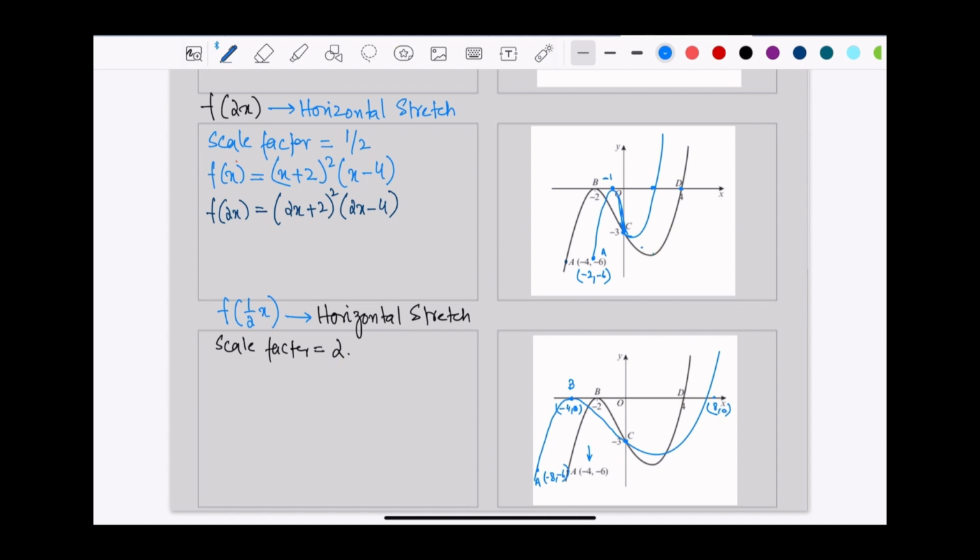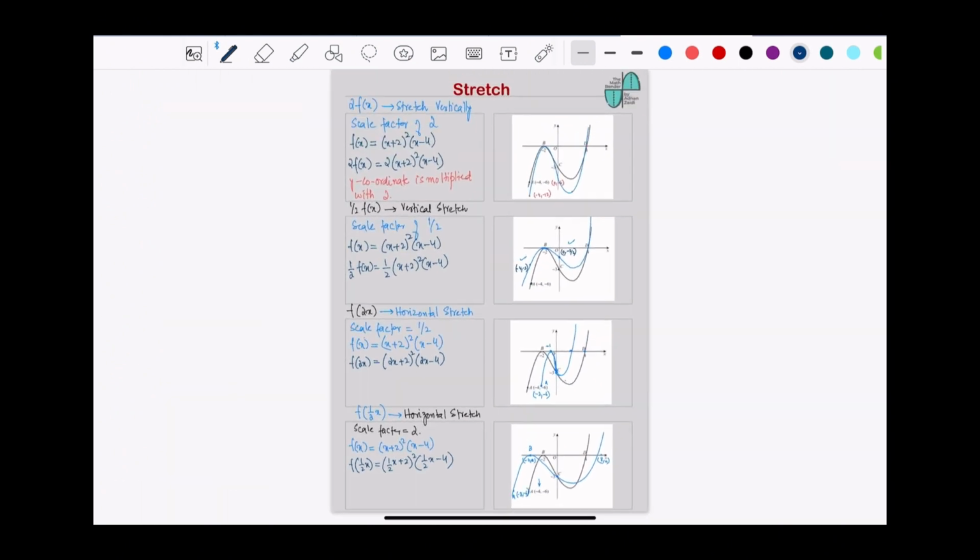So the equation here, f of x, which was x plus 2 whole squared times x minus 4, is now going to be, after the impact of 1 over 2x, 1 over 2x plus 2 whole squared times 1 over 2x minus 4. So this is all you need to know about stretching.